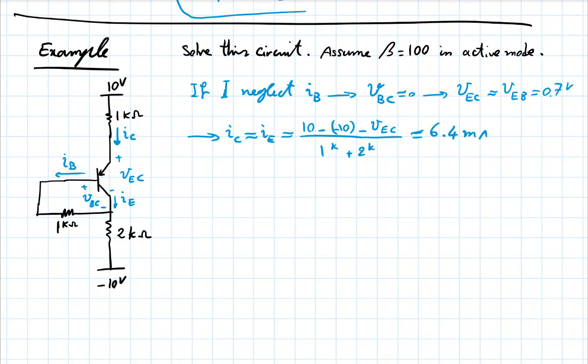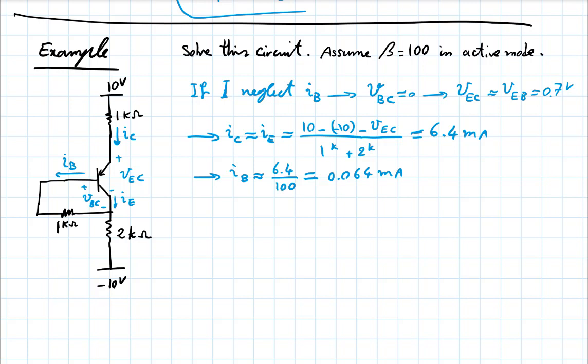Was the assumption of neglecting IB justified? This is 0.064 milliamps.